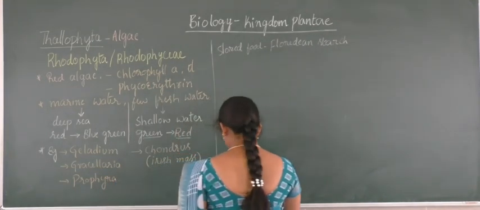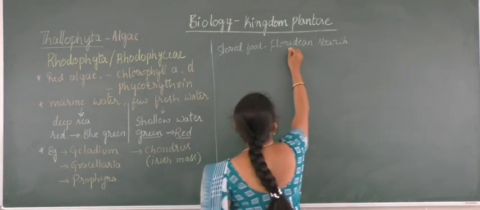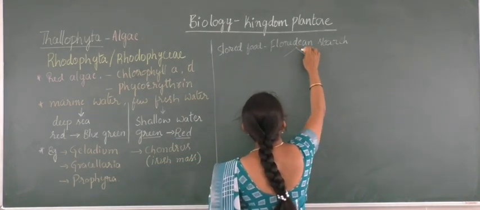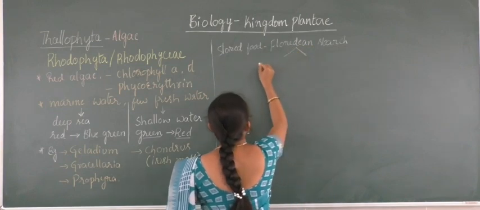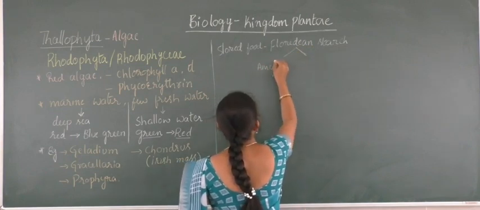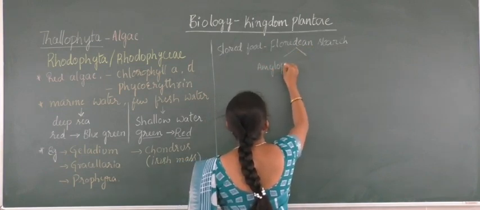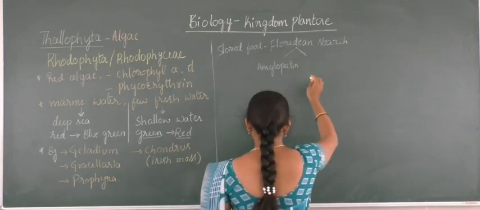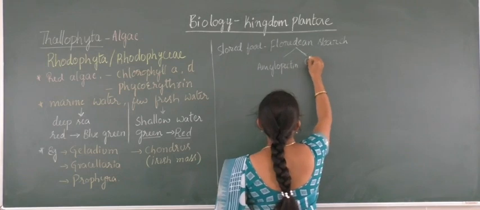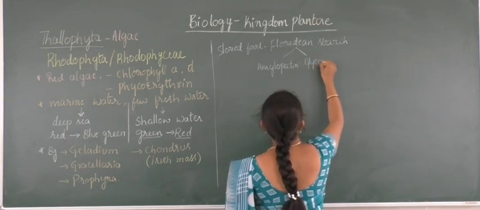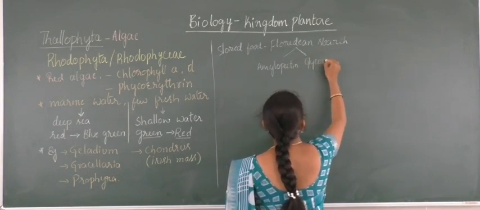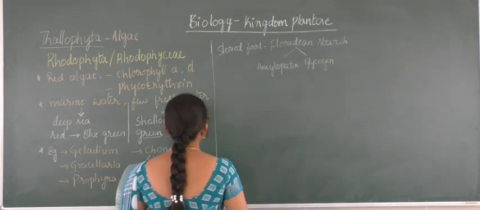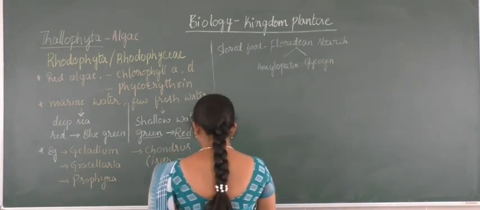And next property: this Floridean starch possesses two components, amylopectin and glycogen. What are the components of Floridean starch? It just has amylopectin and glycogen as its basic components.